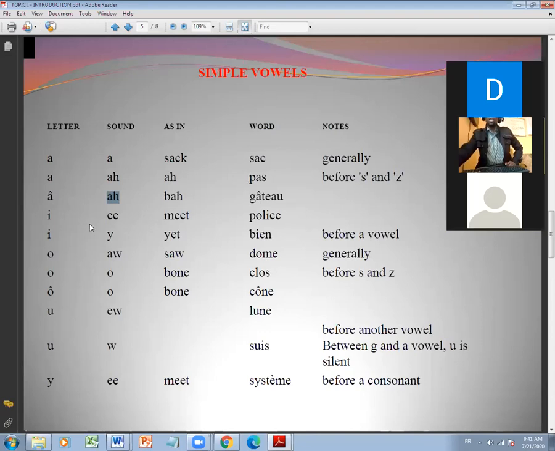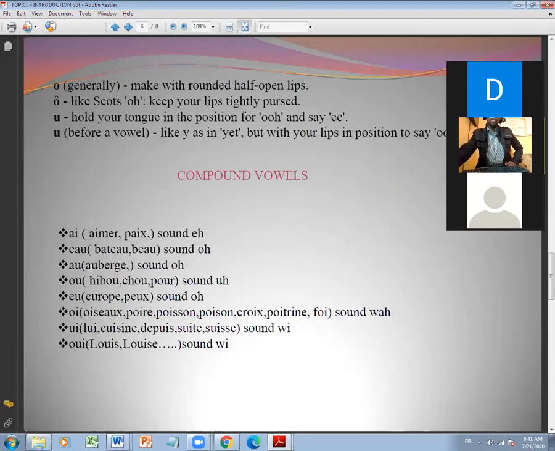Now we have got E, written double E, so we say E. Y is still E. You see now what I was trying to explain to you. Then we have got O, still O, okay? This is O, but now this is U, okay?